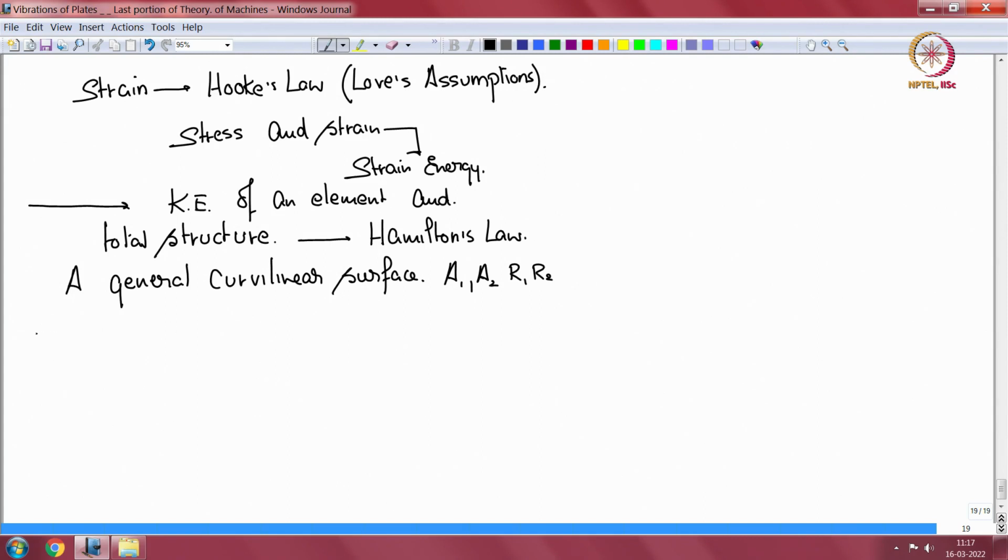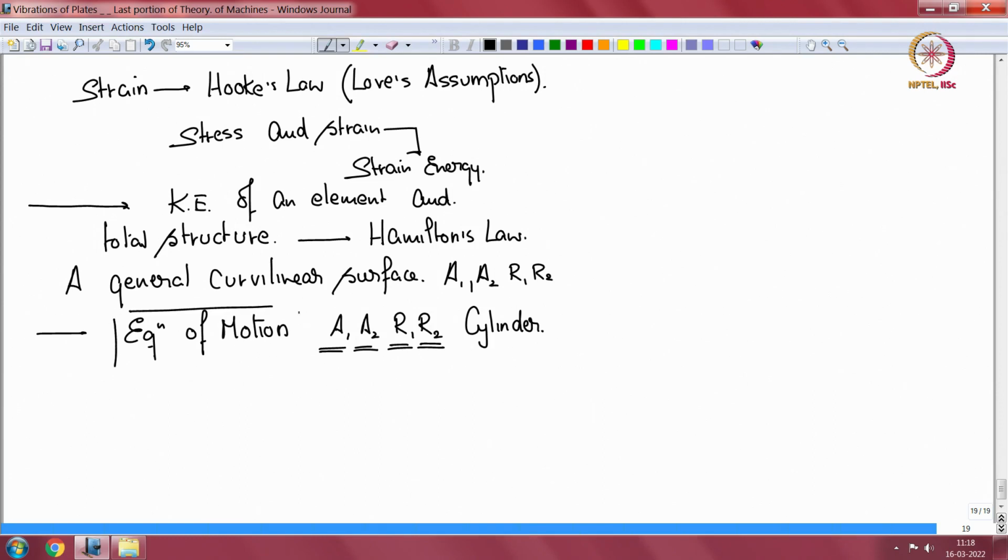Once Hamilton's law is applied and we get our equations of motion, if we substitute A1, A2, R1, R2 related to a cylinder, then out will come equations of motion particular to a cylinder. And if we substitute these parameters that are meant for a circular plate, then out will fall dynamic equations of motion for a circular plate. So these are very general equations in that sense. So we will follow that process.